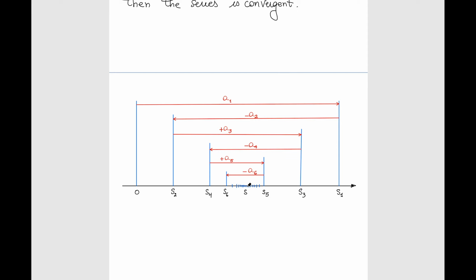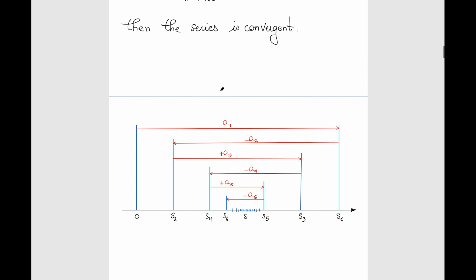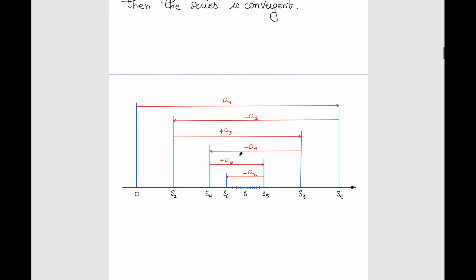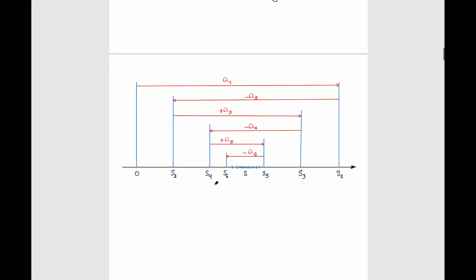That's how it looks. And as such, by the previous exercise that we just proved, written in green, S is going to be the limit of the full sequence of partial sums. And as such, that's going to be the sum of the series, and hence the series is going to converge, which is the conclusion of the alternating series test. Okay. So based on the picture, I'm going to build the proof. Let's start.